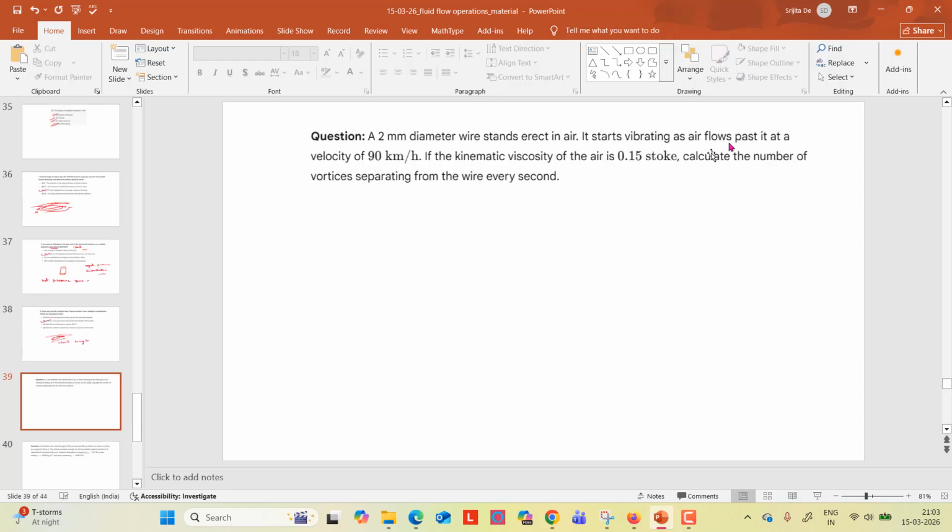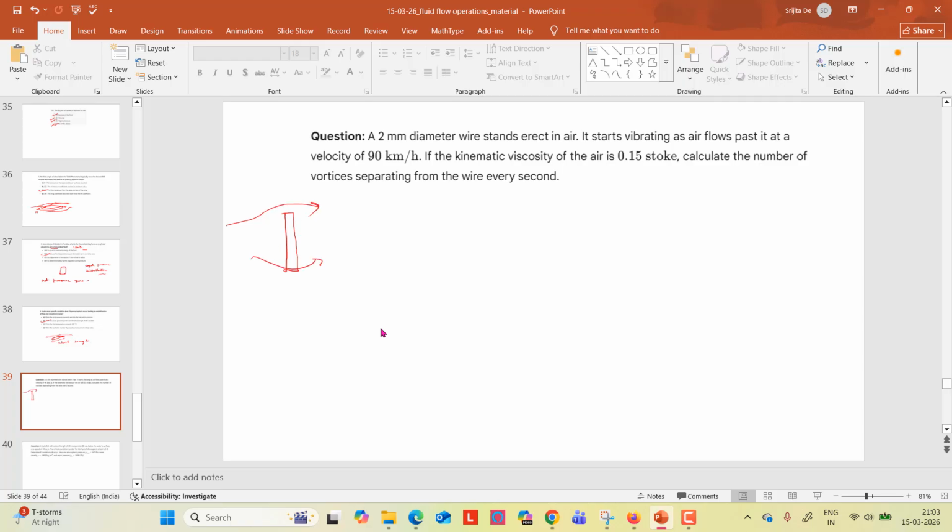Now we'll do some problems. A 2 mm diameter wire stands erect in air. So it is erect, vertically present in air.